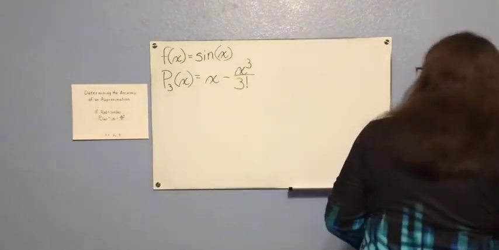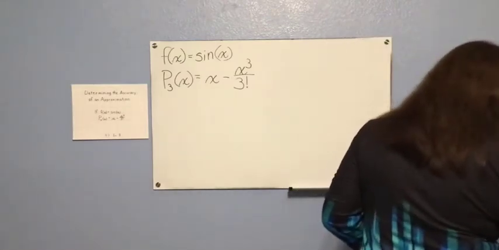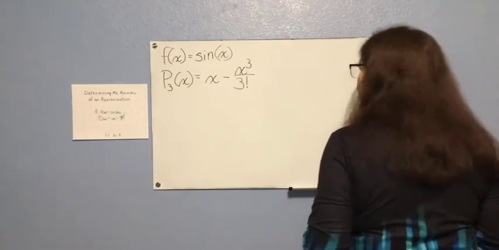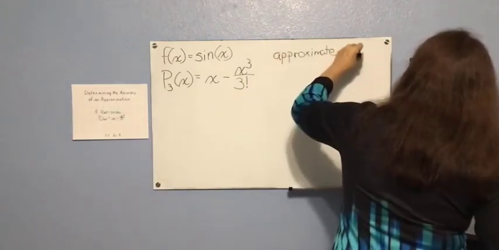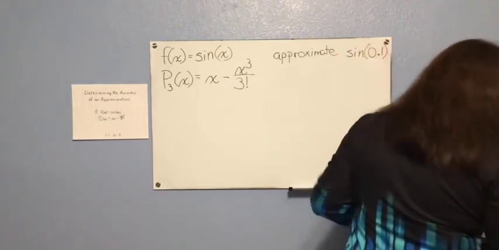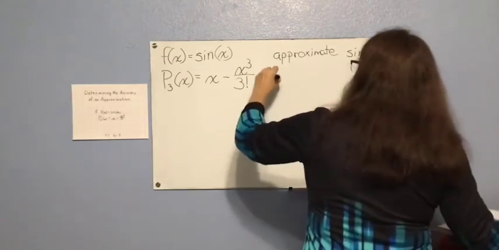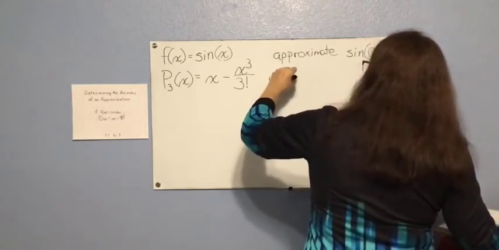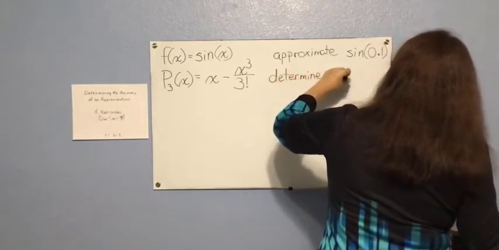Okay, so we're going to use this and Taylor's theorem, we want to approximate the sine of 0.1 and determine the accuracy.